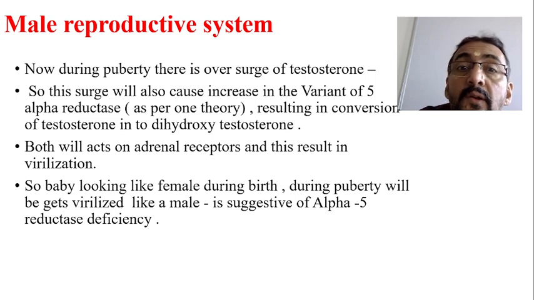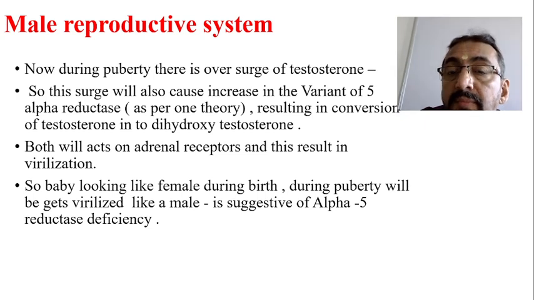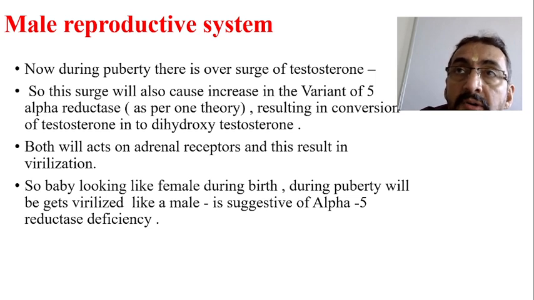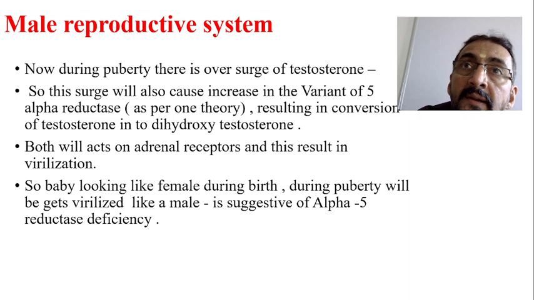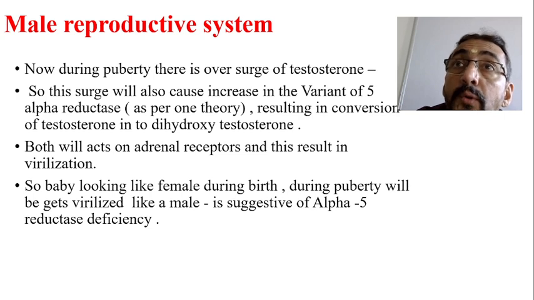This surge causes an increase in a variant of 5-alpha reductase. Basically 5-alpha reductase is absent, but during adolescence, as there is an increased surge of testosterone, it produces a variant of 5-alpha reductase enzyme. So now this variant will be formed.